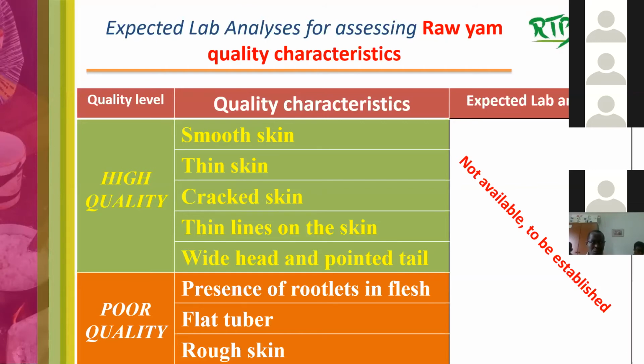Yes, I understand what you mean. But they are rated as good, high quality when they have, I don't know the level of the depth, a little bit of depth or more depth. But they rated cracked skin as good quality for boiling yam.